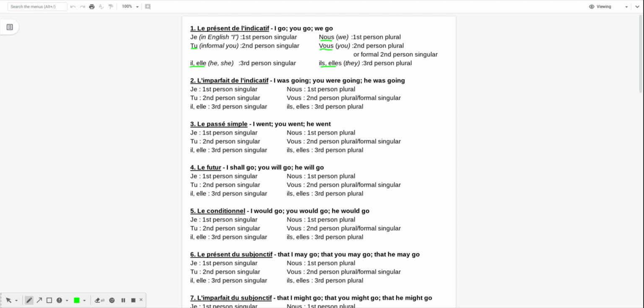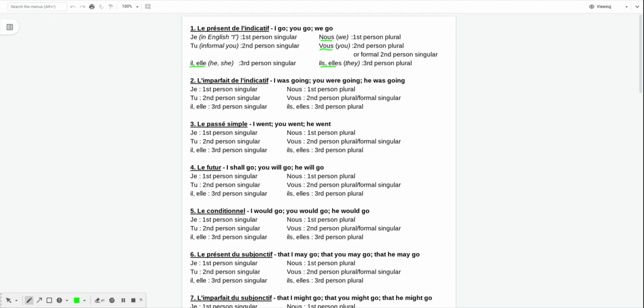I was going, you were going, he was going. The third one, le passé simple, is seen these days only in writing. It's been eclipsed in speaking by the passé composé, which is the first compound tense we're going to look at.